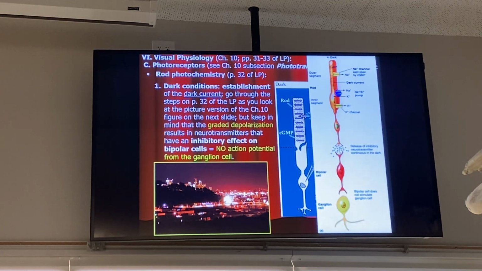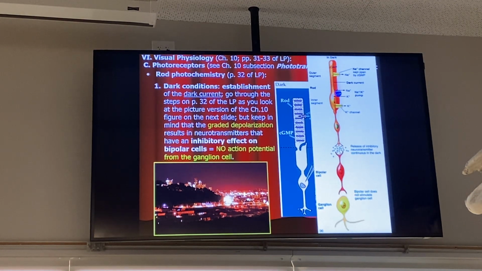This causes the sodium channels to stay open. So this is what is showing on this slide. There's an increase in cyclic GMP when the 11 cis retinine is hugging the scotopsin. This opens the sodium channel, and sodium just goes flying in. When this happens, it lifts up the membrane potential to 0.